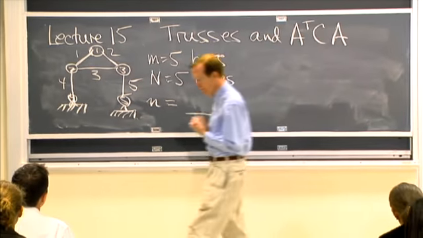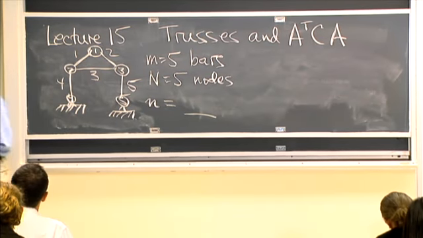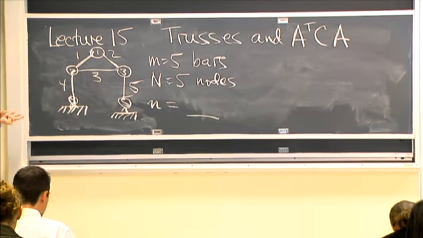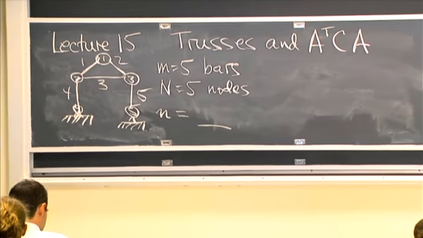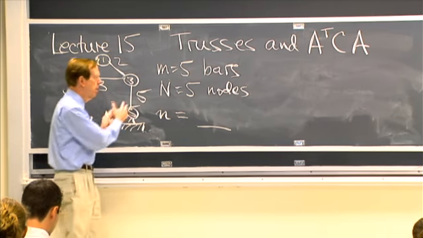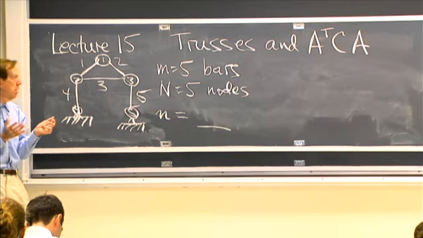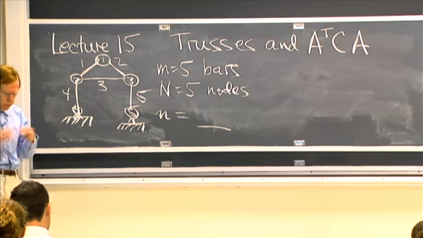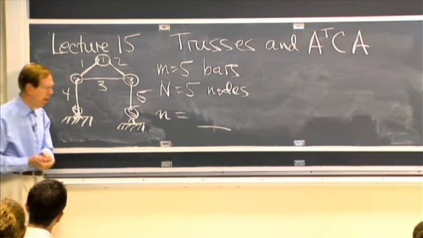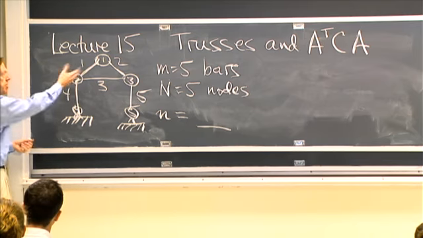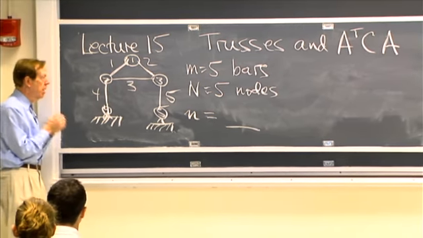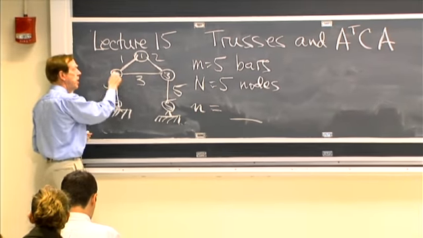Okay, so trusses, we want to get the setup right. Once we get the setup, we'll know what we're looking for. So a truss is a bunch of elastic bars with pin joints connecting them.